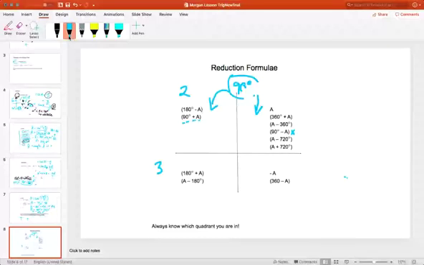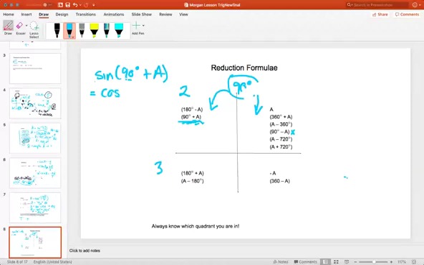So if we had sine of 90 degrees plus A, we see the 90, which means CoCo rule, so sine changes to cos. But now look at your original trig ratio. The original one is sine. We know that sine is positive in quadrant 2, so therefore it changes to positive cos A.